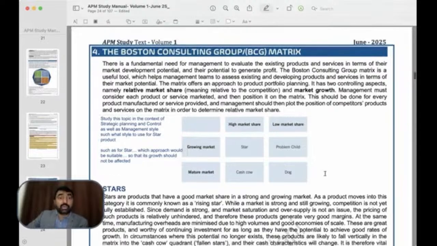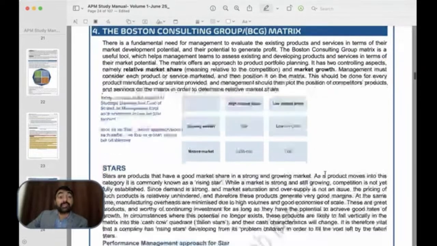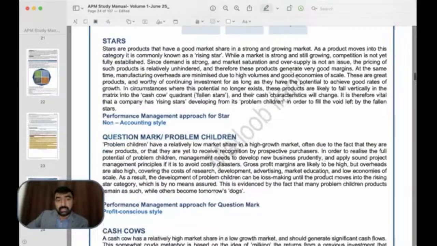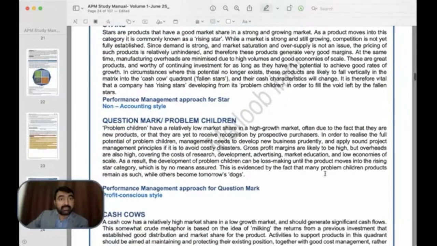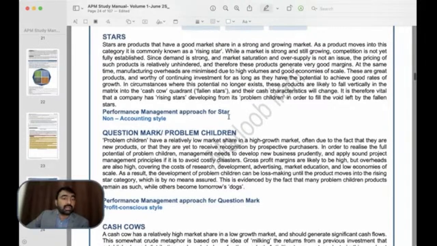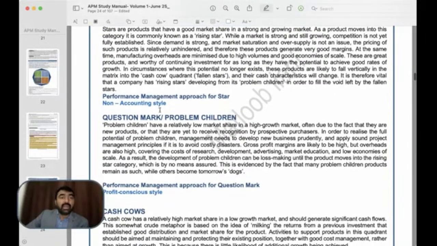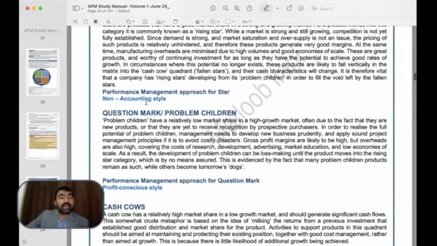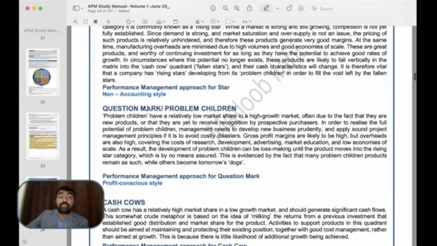So this model is used at APM level, for example, STAR. So the performance management approach for STAR, okay, and it should be a non-accounting style. Non-accounting style means we should not have strong controls in STAR, strong controls on cost, controls on cash flows. Okay.